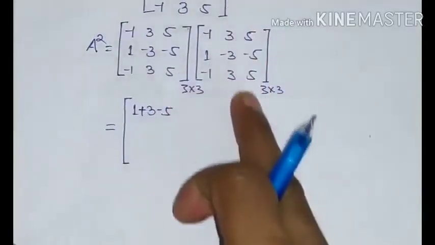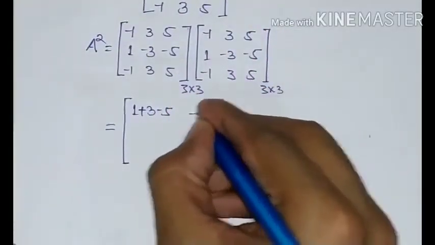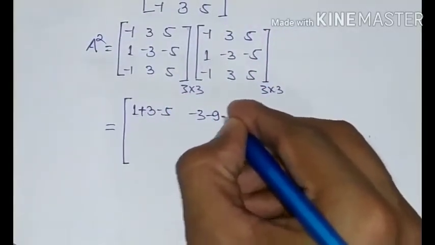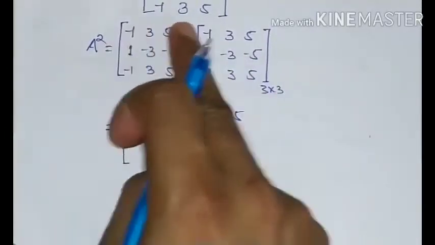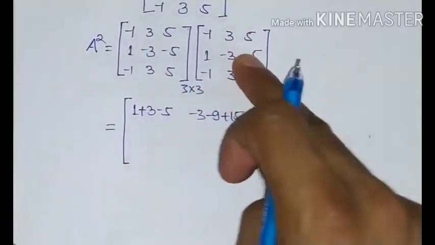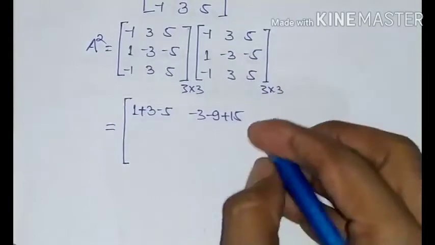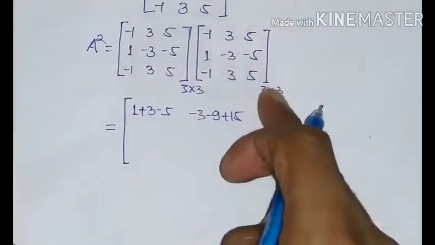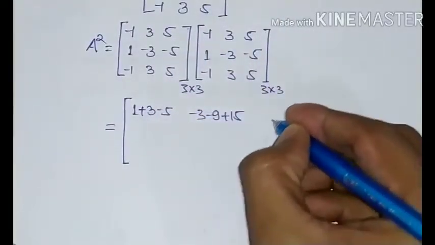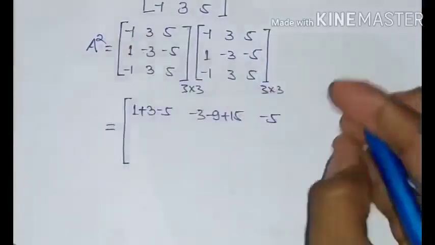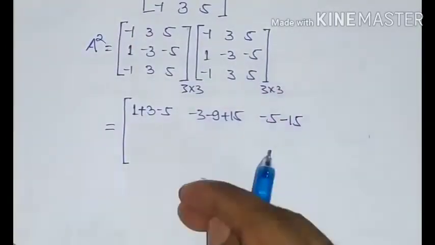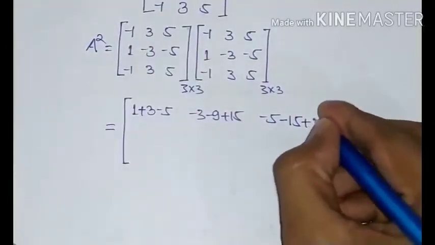Again first row and second column, that is -3 -9 and 15. Again first row and third column, that will be -5, -15 and +25.